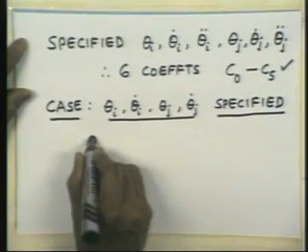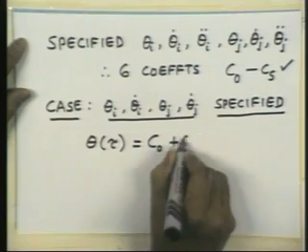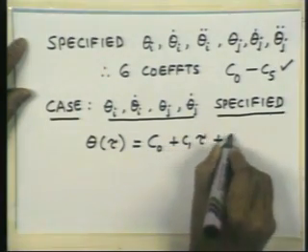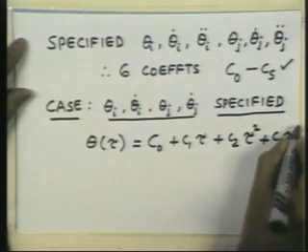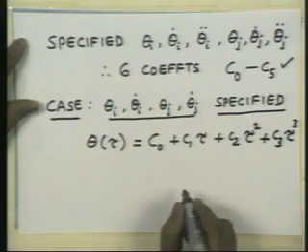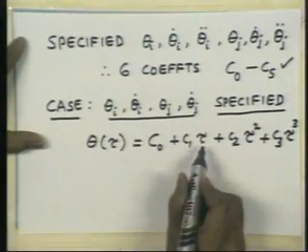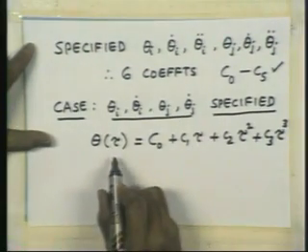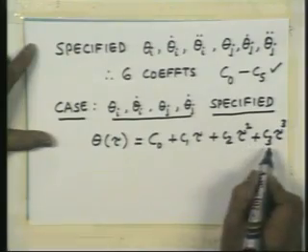That means I am talking about theta of tau being C naught plus C1 tau plus C2 tau square plus C3 tau cube. Okay. So, now remember that the local time frame tau varies from 0 at the ith position to the time duration between the points, Tij, at the jth position.